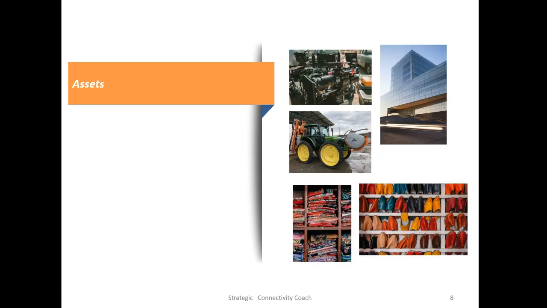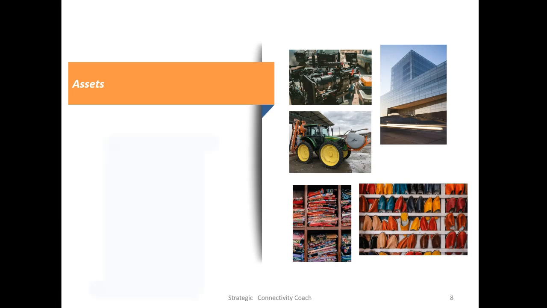So examples of assets could be machines and equipment. You could have buildings, office space that they own, not the rental piece. This is ownership. They may own buildings themselves, or farm tractors, or even in retail stores, you've got the inventory, the shoes, the clothing, etc. These are all assets that are purchased by the company.